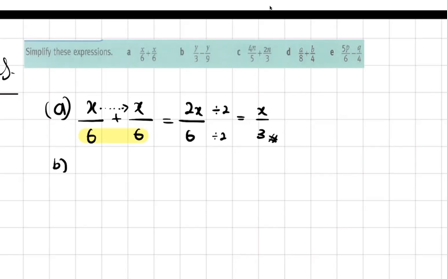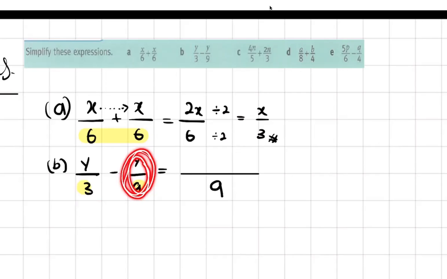Let's look at question B. Do they have the same denominator? No, they don't. I'm just going to use dots to represent that they don't have a common denominator. So now I need to find the lowest common multiple of these two. The answer is 9. So my common denominator has to be 9. To make sure that both of them are 9, I don't need to do anything with the second term, but I need to change the first term.